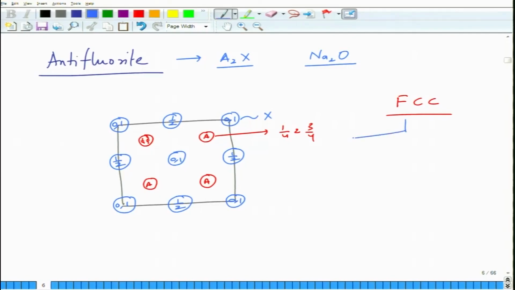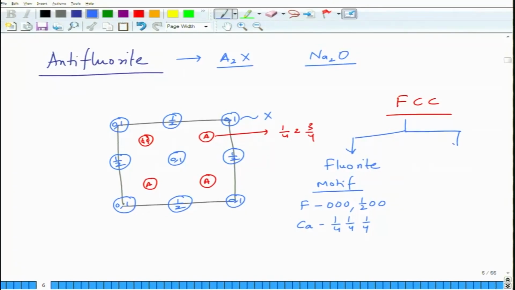In case of fluoride, the motif will be fluorine at 0 0 0 and half 0 0, and calcium will be at, and then it will also make. So, all three will make FCC lattices, you have 3 atoms.